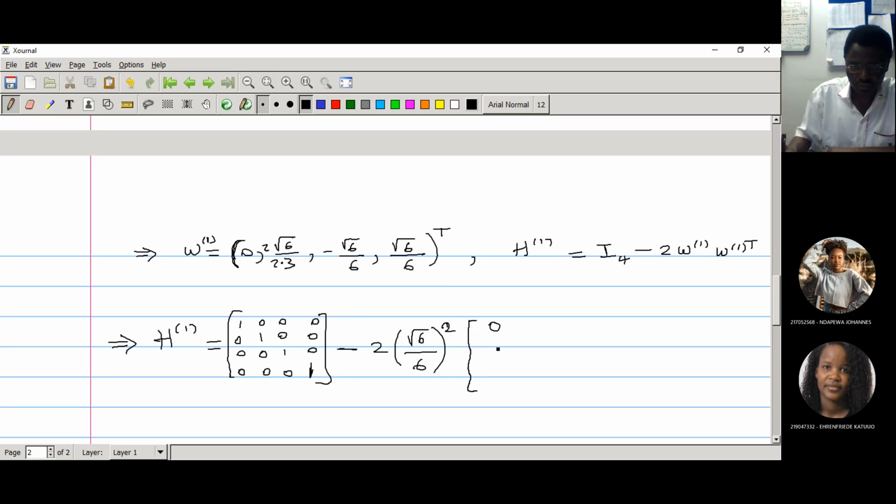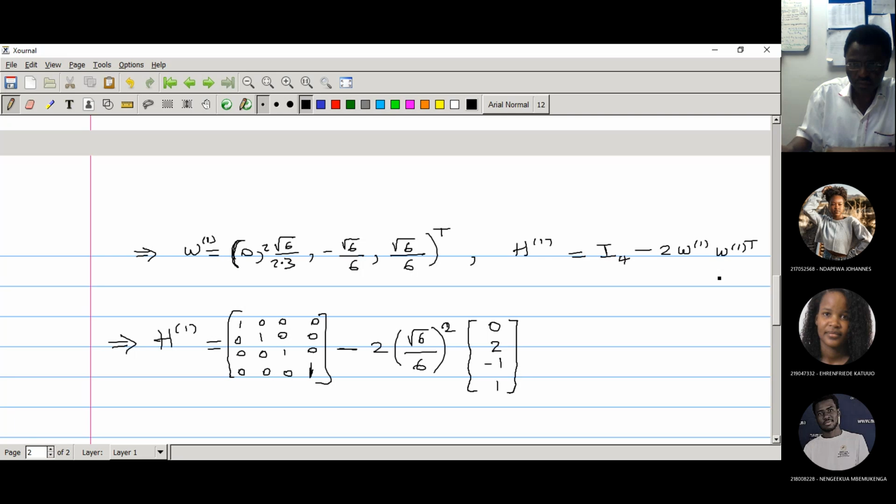So here is 2, right? So this is 6. And then you have this 2. Then we have negative 1 and 1. And since this is the same, when we transpose this, it becomes a row vector. So 0, 2, -1, 1.